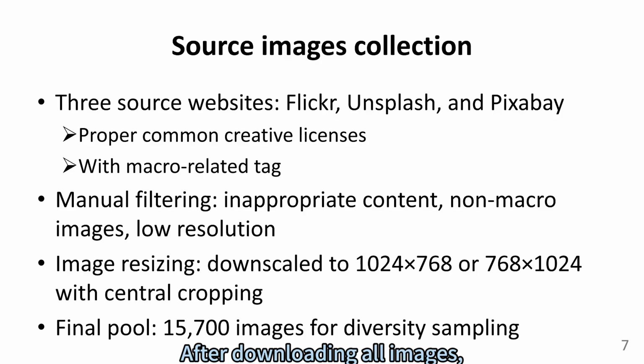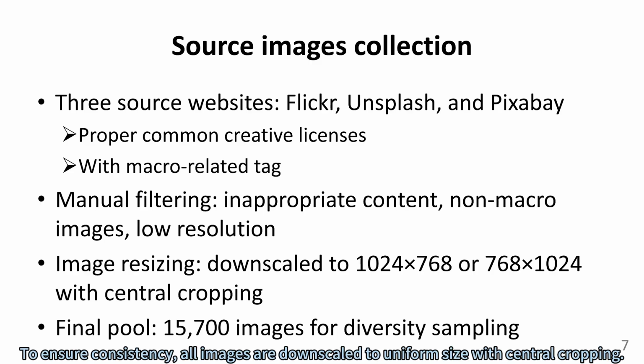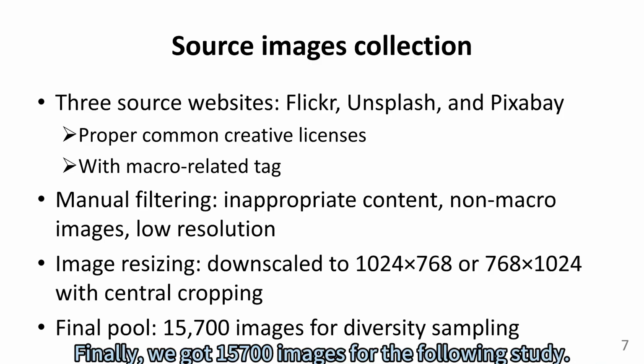After downloading all images, we manually filtered out those with inappropriate content, non-macro content, or low resolution. To ensure consistency, all images are downscaled to a uniform size with central cropping. Finally, we got 15,700 images for the following study.